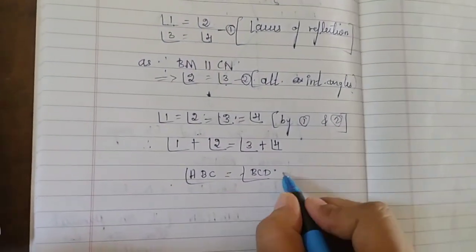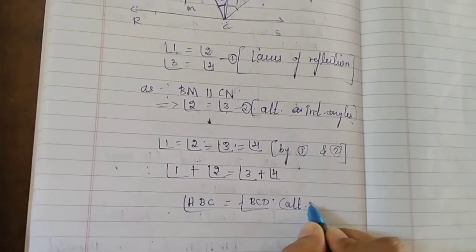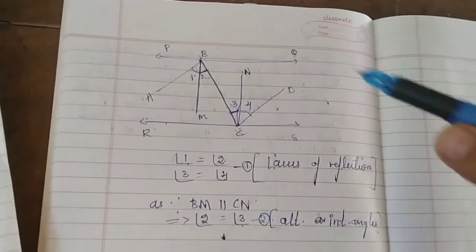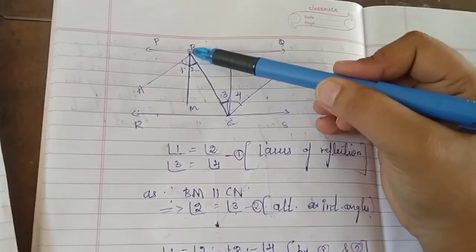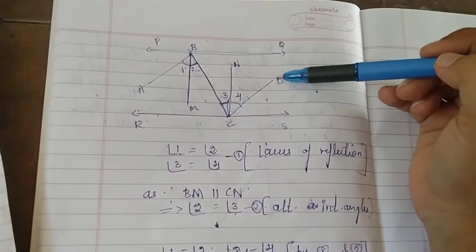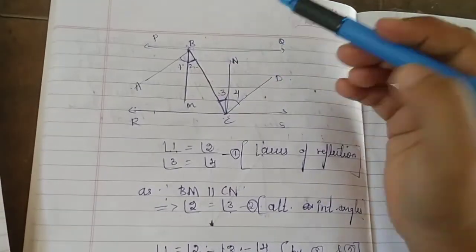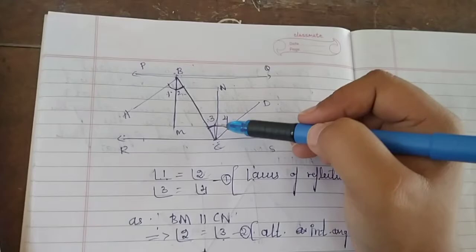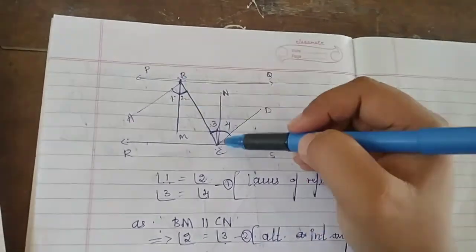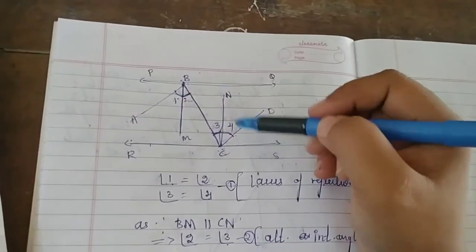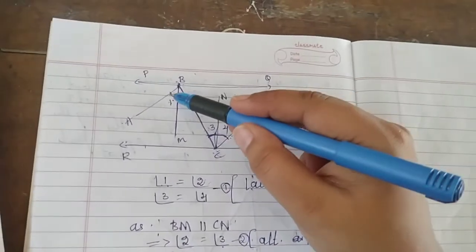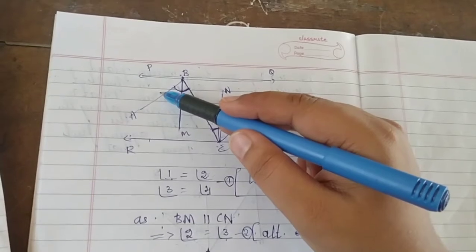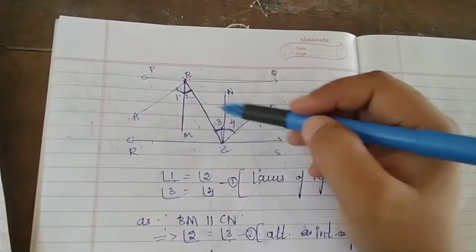These angles are nothing but again alternate interior angles, right? Here you can see ABC and BCD are alternate interior angles. We know that if a transversal is intersecting two lines such that the two alternate interior angles are equal, then you can say that the two lines are parallel to one another.